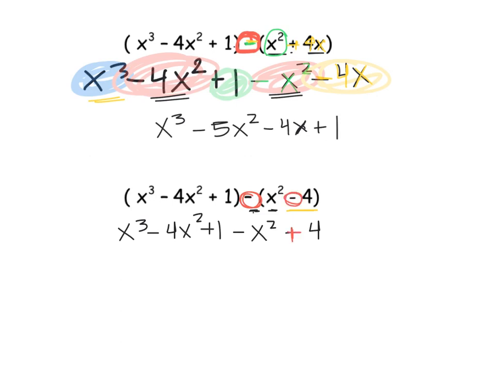That gives me a positive or an addition of positive 4. Now I'm ready to combine my like terms. So I have x cubed. I have two x squared terms. And this time I have 1 plus 4 instead of minus 4.